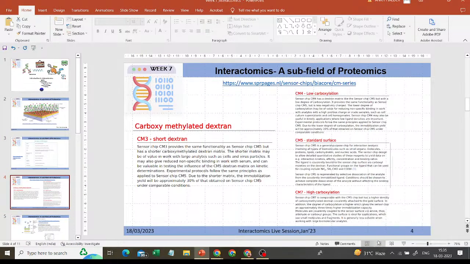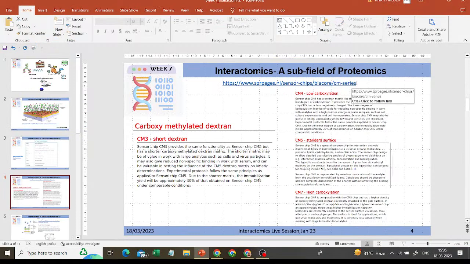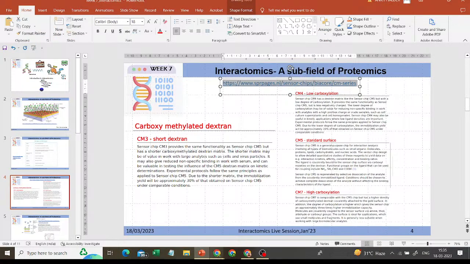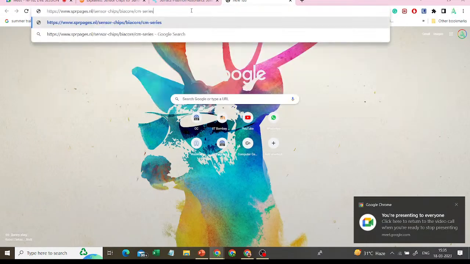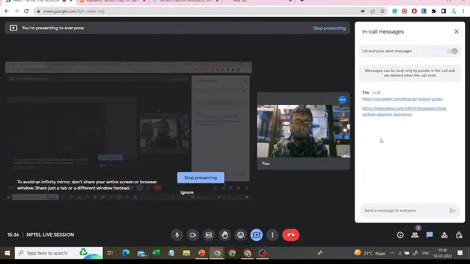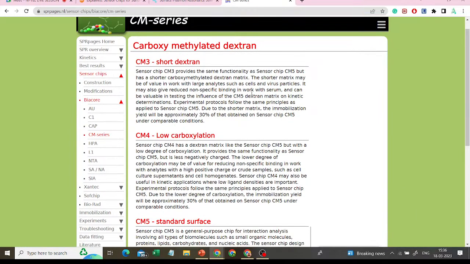So now going to the CM, carboxymethylated sensors: CM3 and CM5, which are also used with serum. What is the CM series?